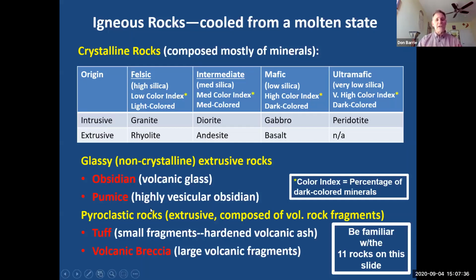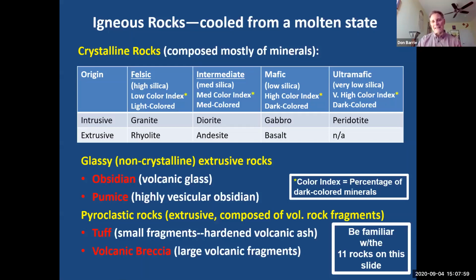Pumice, on the other hand, you can think of as just highly vesicular obsidian. We'll see some pictures of this in a minute, but imagine that pumice is just obsidian with a lot of holes in it. The holes are produced as gas bubbles escape from the magma as it's cooling and are essentially frozen in place.